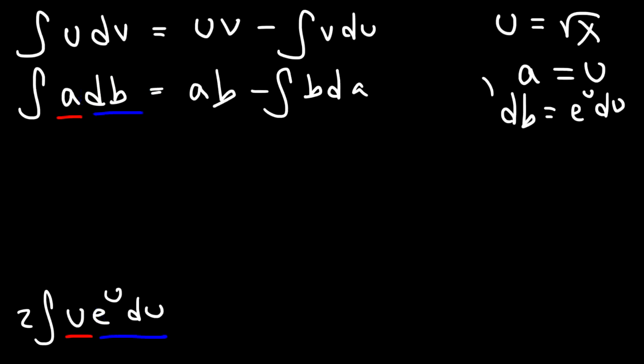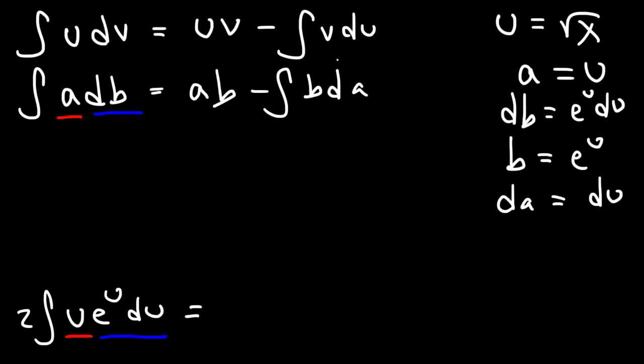Now, if we integrate both sides of this expression, the integral of db is b, and the integral of e to the u du is just e to the u. Now we need to differentiate this equation. So dA is simply going to be equal to du.